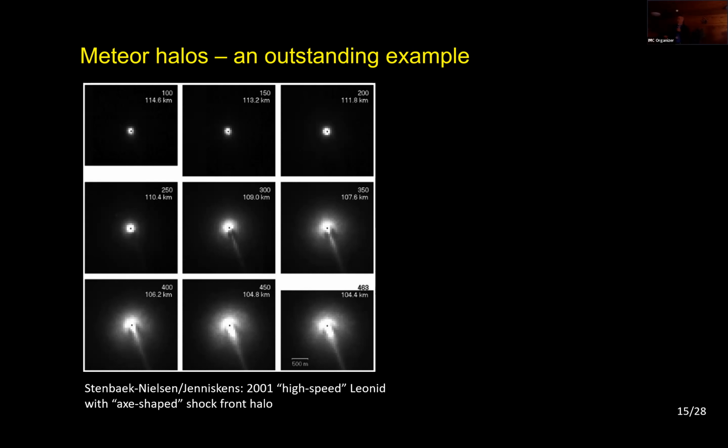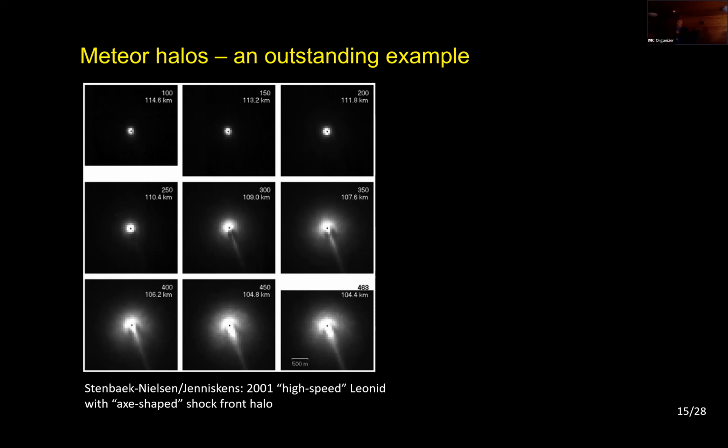It's a Leonid, and they used 1,000 frames per second, so each exposure is only 1 millisecond, so there's no motion blur. They were lucky enough, with their very narrow angle field, just a little bit more than 6 degrees square, to catch this fireball. And you see this X-shaped or bow structure halo from the side.